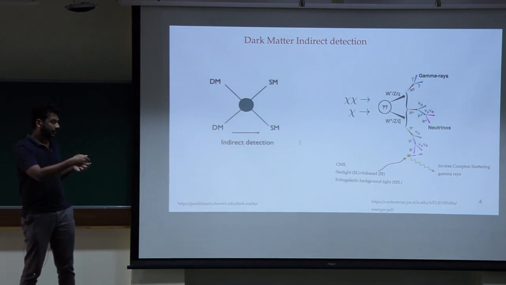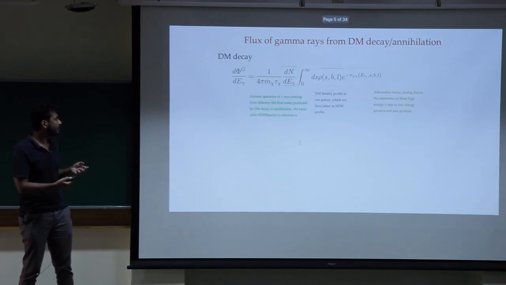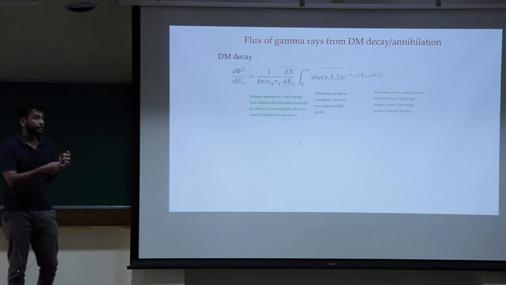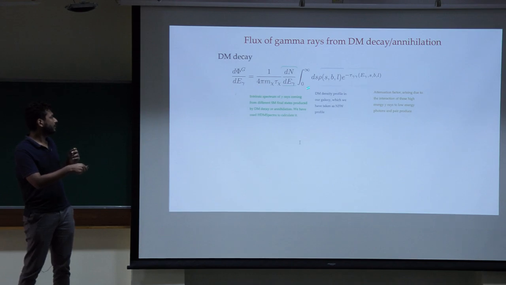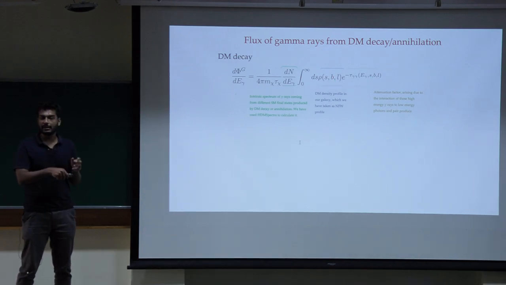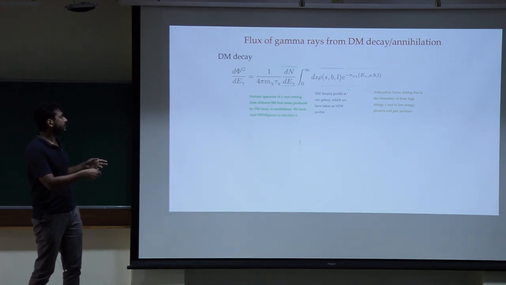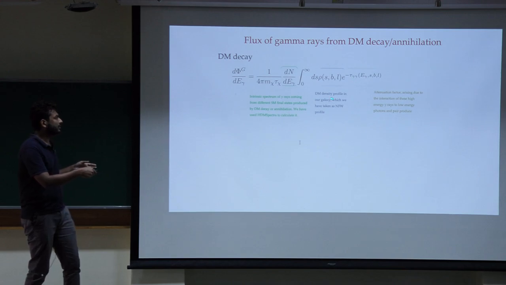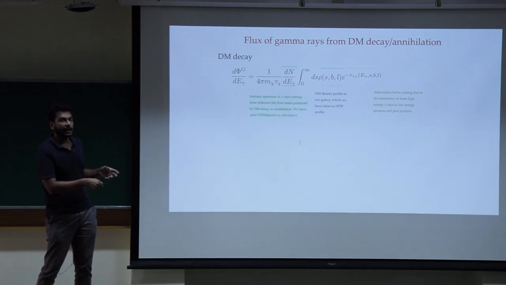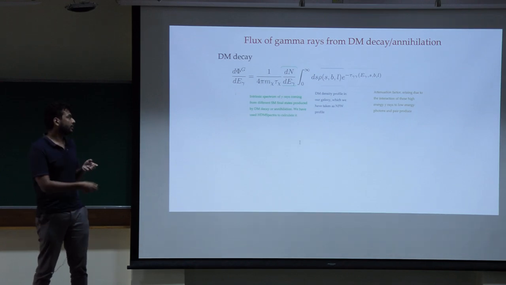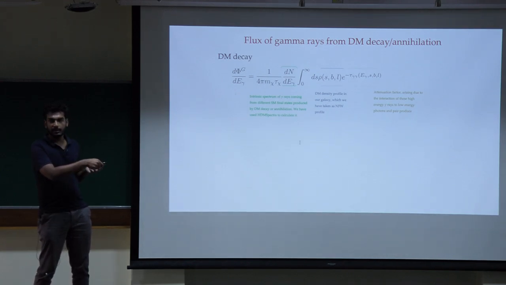To do that, we first need to calculate the flux of these gamma rays. So let's consider the case of dark matter decay. It depends upon this rho term, which is called the dark matter density profile. This tells you how dark matter is distributed in our galaxy. Another term is this e to the power minus tau gamma gamma. This tells you that these high energy gamma rays can interact with low energy background photons, and that will reduce the overall flux of these high energy gamma rays.